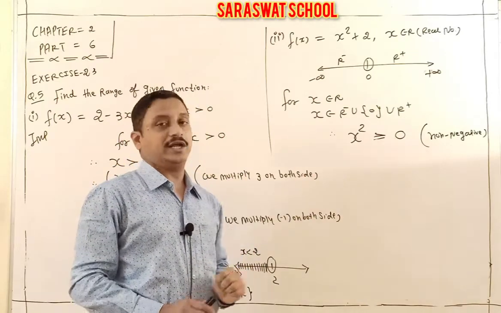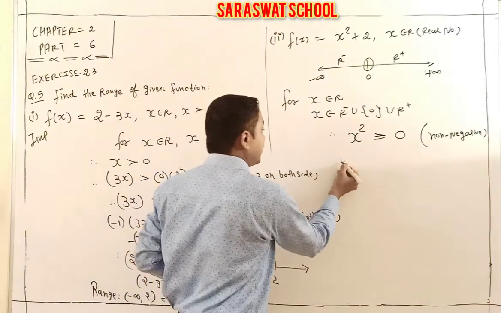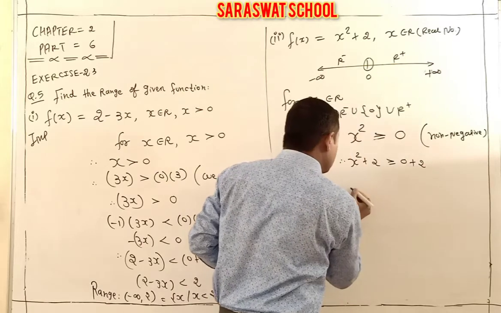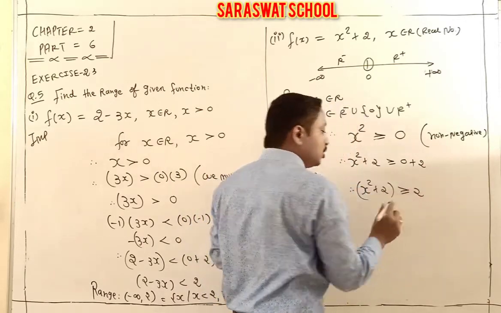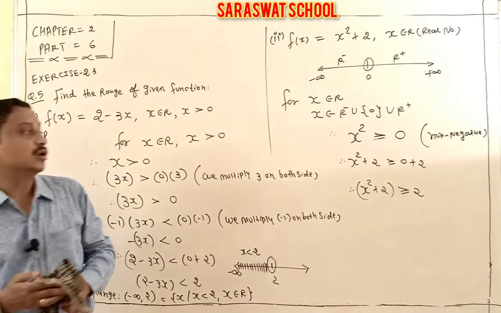So it is non-negative. Now for x square plus 2, I add plus 2 on both sides. So what do you get? x square plus 2 is greater than or equal to 2. I am only adding 2 on both sides.